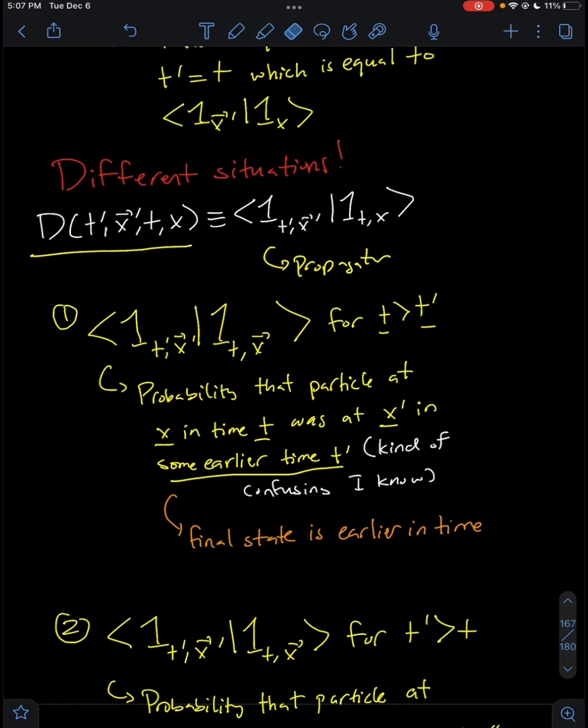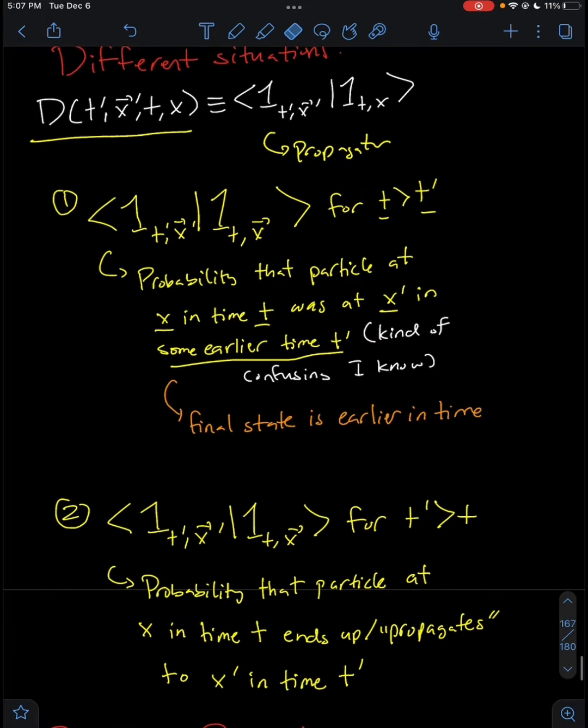We could also consider the case where t prime is greater than t. This case makes a bit more sense. It's the probability amplitude that the particle at x in time t propagates to x prime in time t prime. That's where the term propagator comes from.